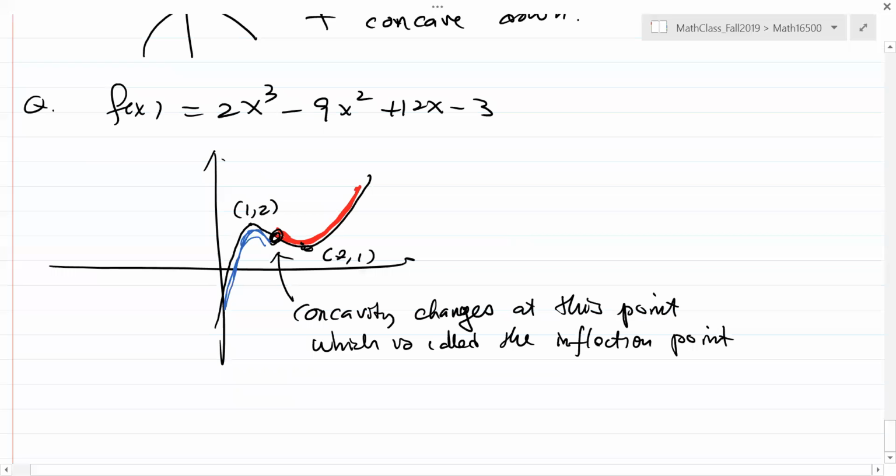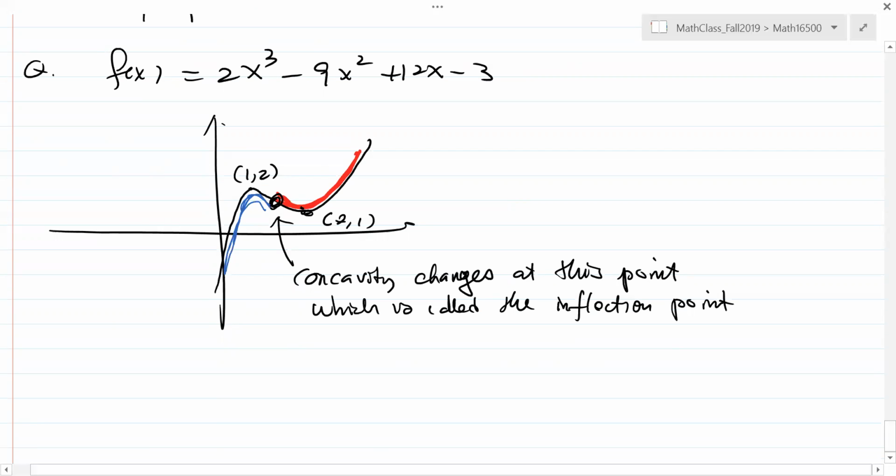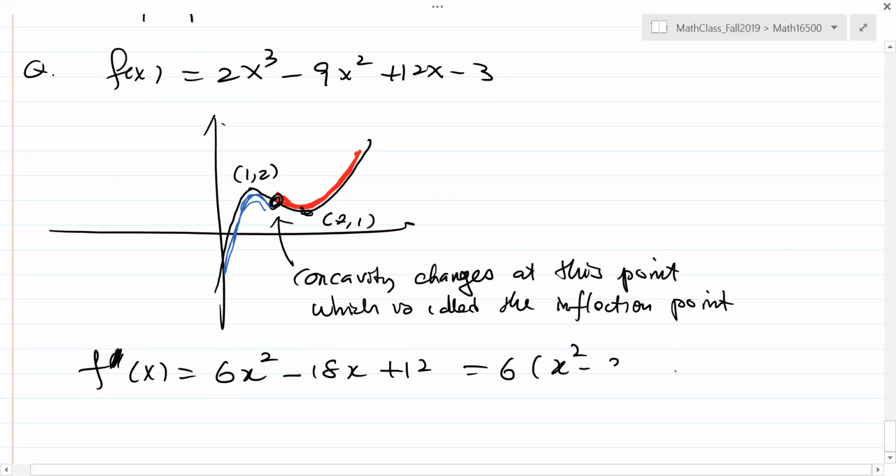Let's look at this. We have to find out where it is. We look at the second derivative, right? The first derivative is going to be 6x squared minus 18x plus 12. I already took 6 out.